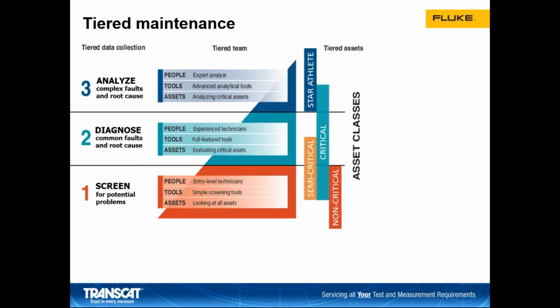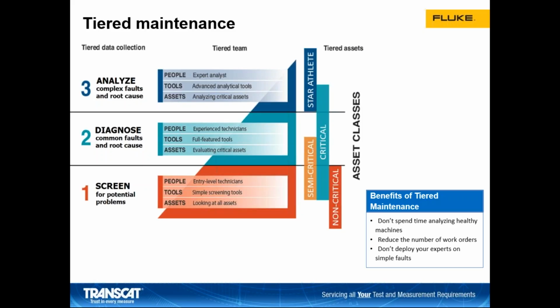But you can see a lot fewer machines because we've screened out the assets that were healthy, and we've screened out the assets that could be fixed easily. So now the experienced technician with a diagnostic tool is going to be able to find the most common problems with the majority of our machines and only bump up a few to the analyst, to the expert, and the expert is going to spend most of their time with our star athletes, our really super critical machines.